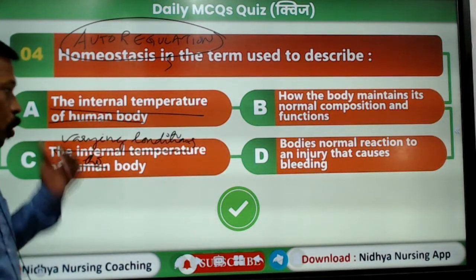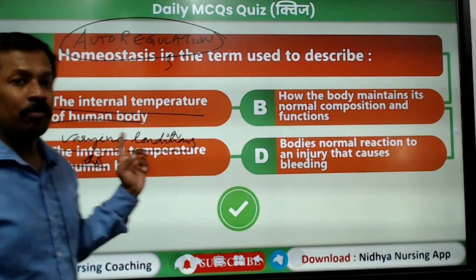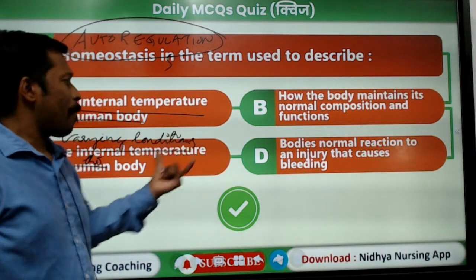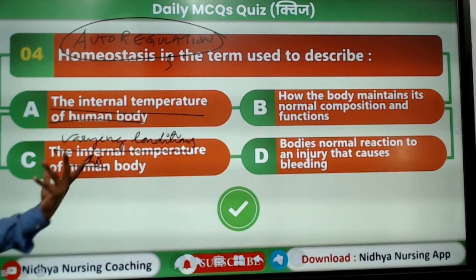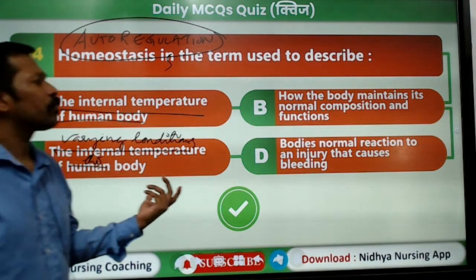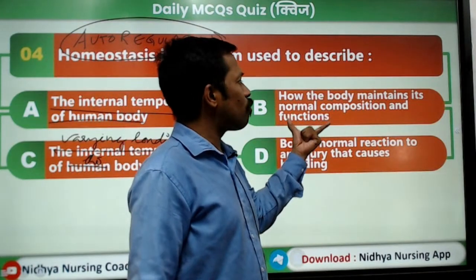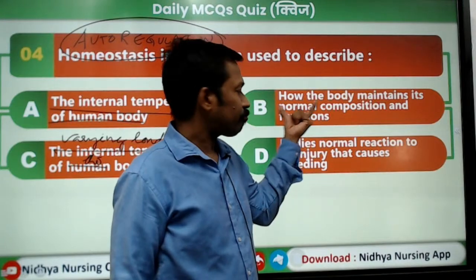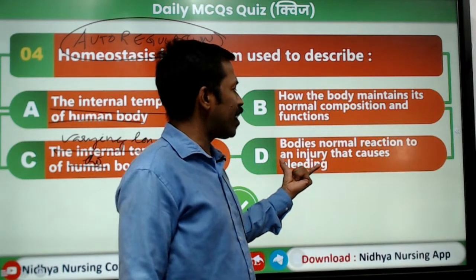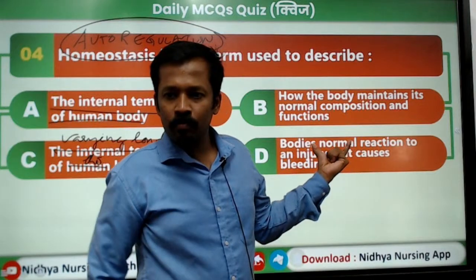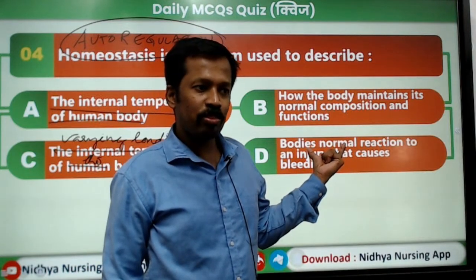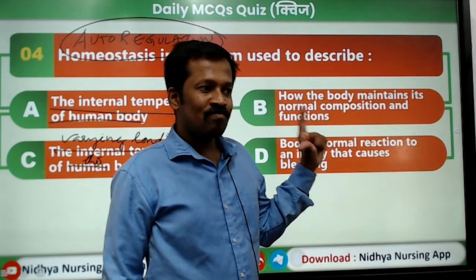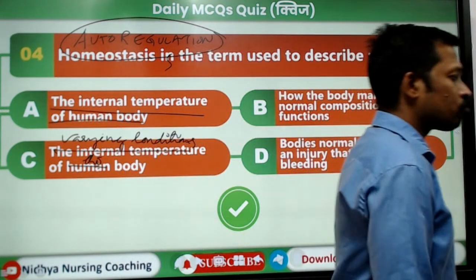Okay, fine. The internal temperature of the human body: is it an example of homeostasis? Varying conditions of the body: is it an example? How the body maintains its normal composition and functions. Body's normal reaction to an injury that causes bleeding. What is it actually? B.